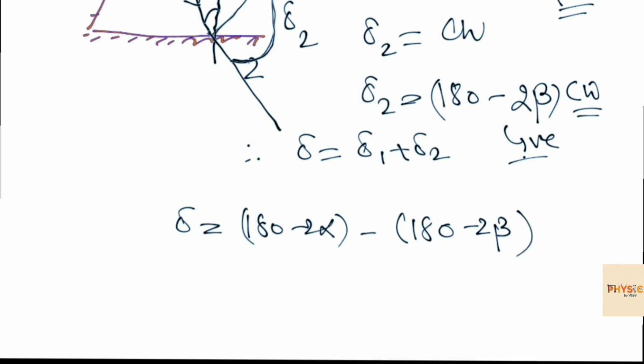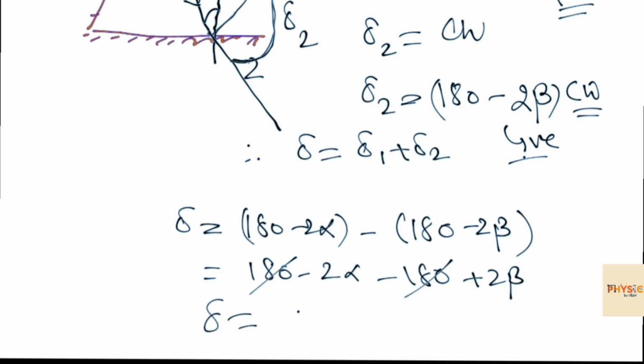If you simplify this, 180 minus 2 alpha and minus of minus becomes plus, so the overall deviation you get is 2 times beta minus alpha. I hope it is clear to you. Thank you.